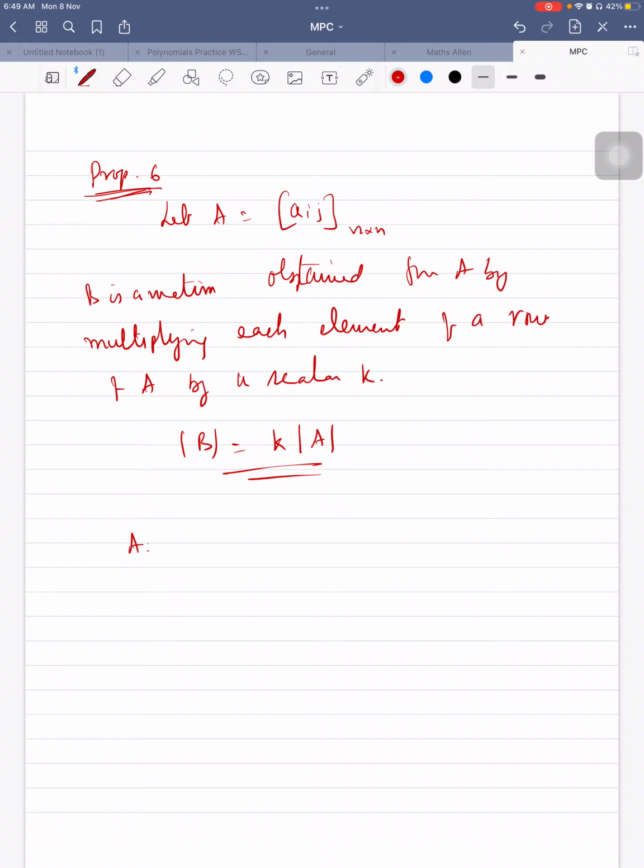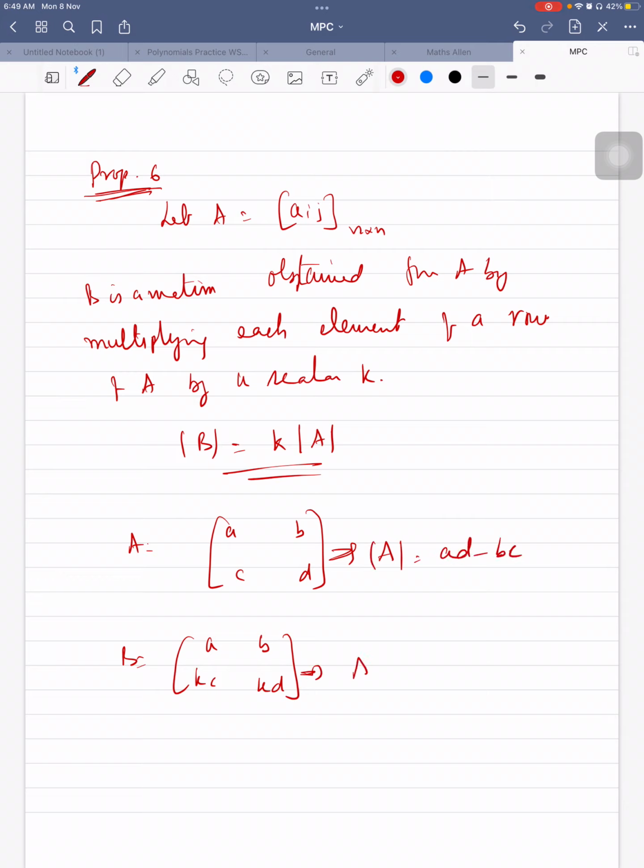Suppose let A equal to A, B, C, D. Then B is the multiple of k with only one row or column: A, B, KC, KD. Now the determinant of A is AD minus BC.